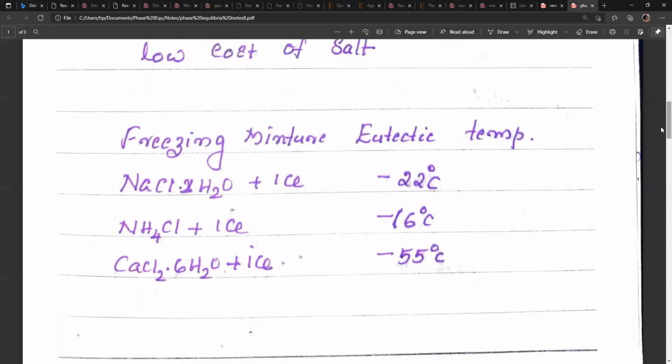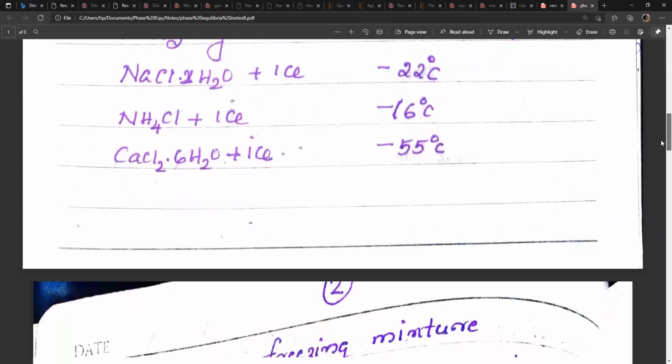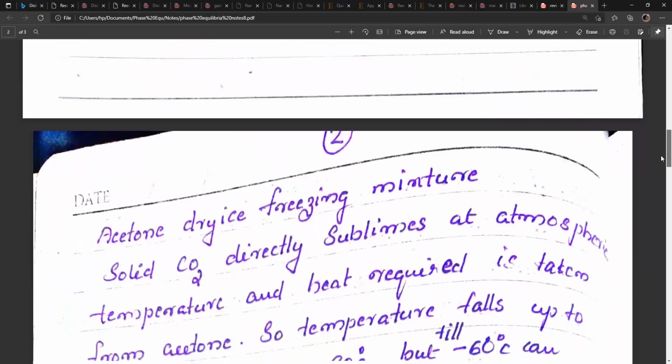These are the eutectic temperatures of different freezing mixtures. For example, the sodium chloride ice system has a eutectic temperature of -22 degrees centigrade. The ammonium chloride ice system has a eutectic temperature of -16 degrees centigrade, and the calcium chloride ice system has -55 degrees centigrade.